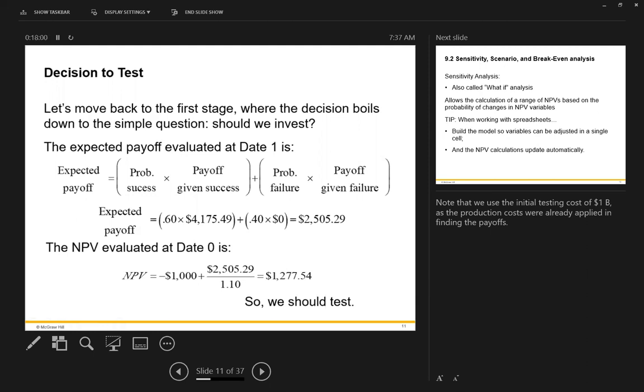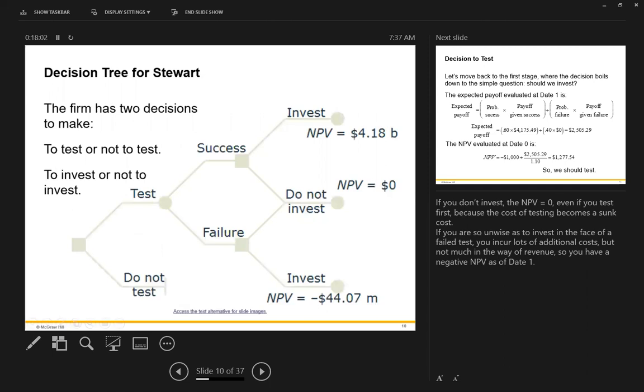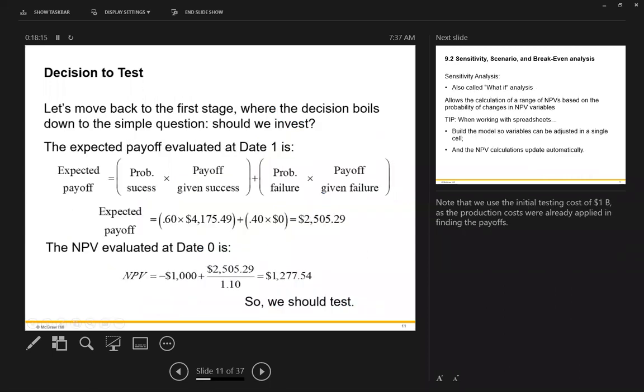What's important to remember here, going back to our decision tree, is that in the success branch, if we do not invest, our NPV is 0. So we're going to take expected payoff, which equals our probability of success, 60%, times the net present value we calculated, plus 40% times 0. So that's our expected payoff overall if we're successful.